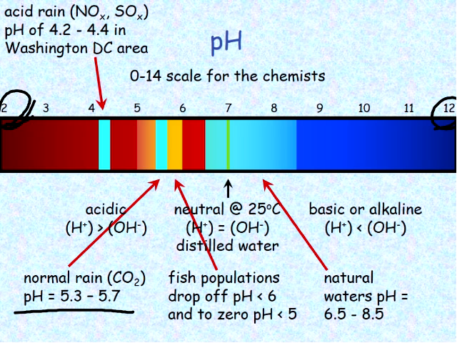Where it says normal rain with an arrow, is it an acid or base? Very good. Normal rain, because of the stuff in the sky, is actually acid. Now there's acid rain, which is even worse. Neutral is right at the middle.